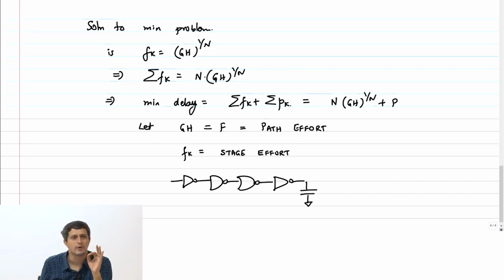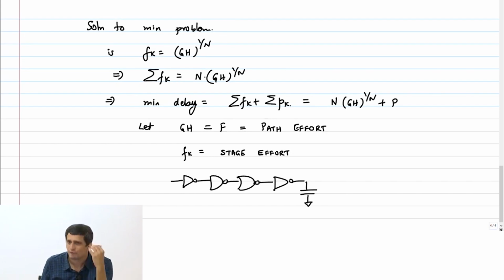In order to minimize area, power, everything, the best thing is to keep all gates at the minimum size. Don't upsize anything. Then you would get minimum area and therefore minimum power, everything.